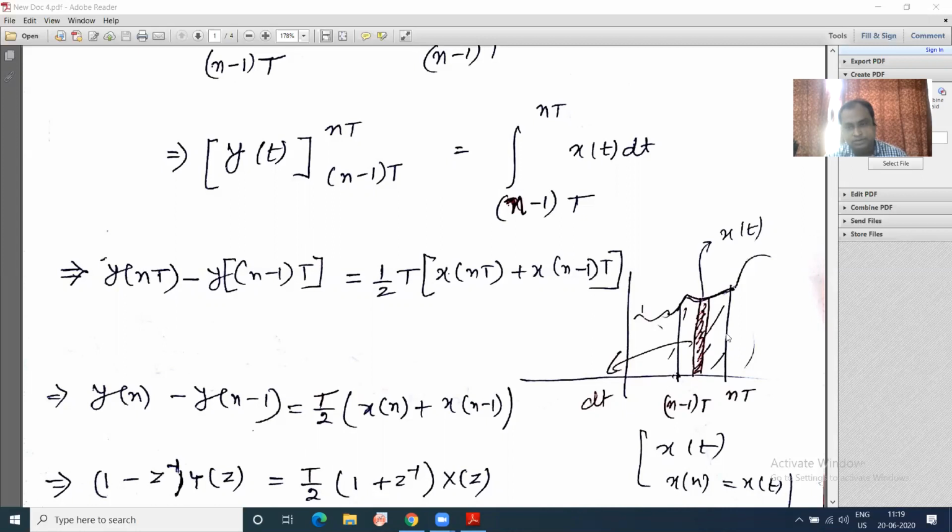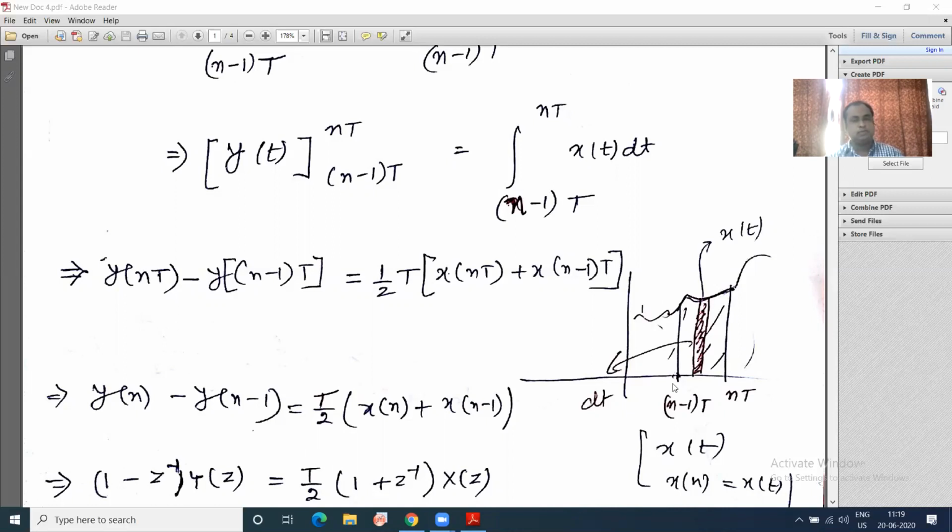That means this particular section I am computing by this integration. Now this area could be computed as half times the sum of the parallel sides multiplied by the width. This is the formulation of calculation, right?